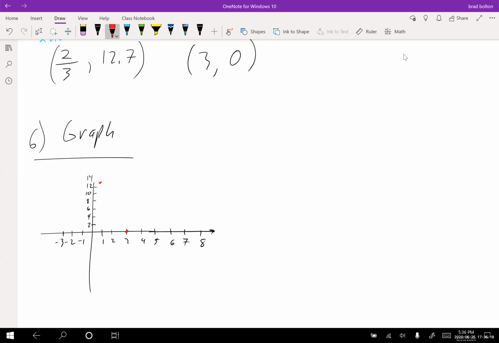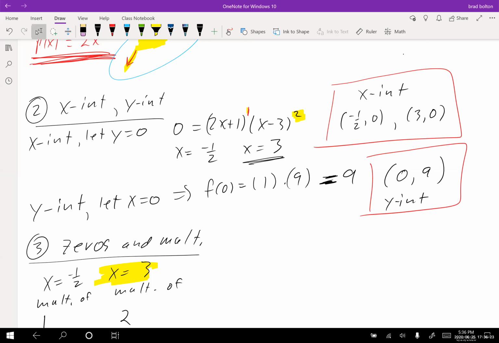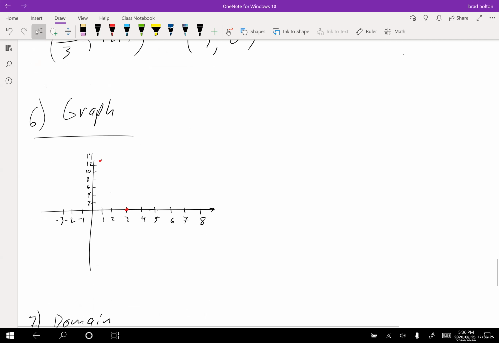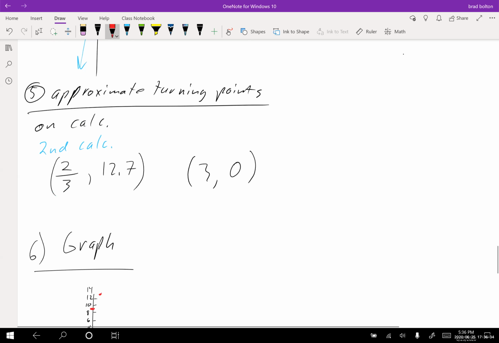Oh, and then we know our y-intercept. Actually, we know a lot. Hold on, I forgot we had the y-intercept as well. The y-intercept is 0, 9. So that's going to be right here, 0, 9. And then we know we have an x-intercept at negative 1/2, 0.